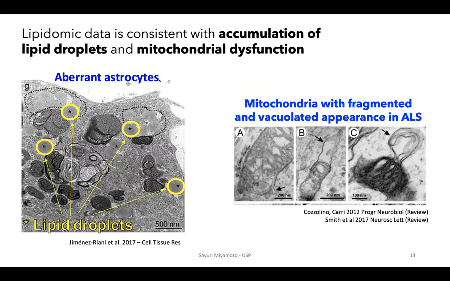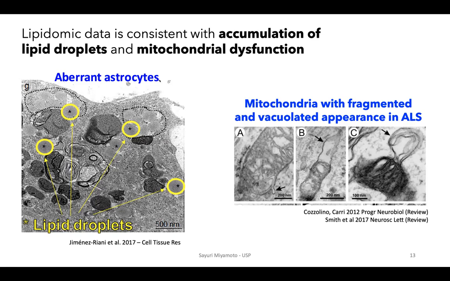A group in Uruguay has shown the increase in lipid droplets in aberrant astrocytes from spinal cord. And the loss of mitochondria is also consistent with several studies showing mitochondrial dysfunction associated with the disease.